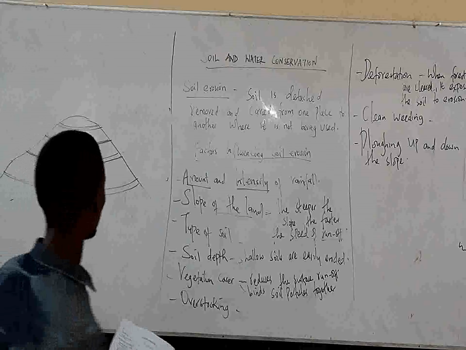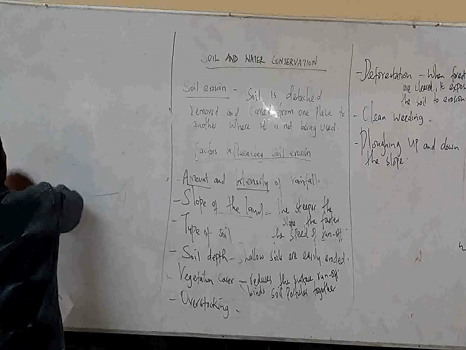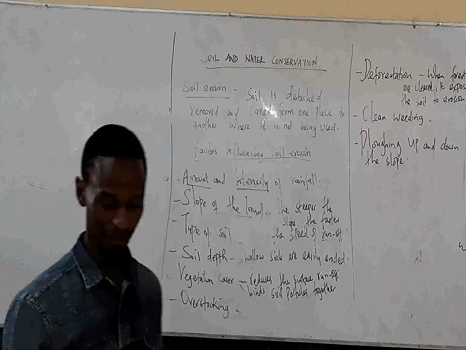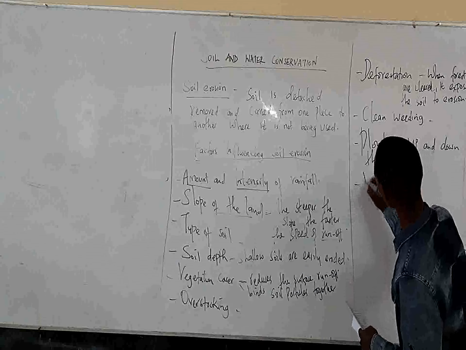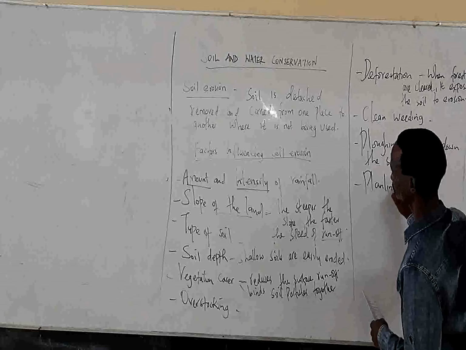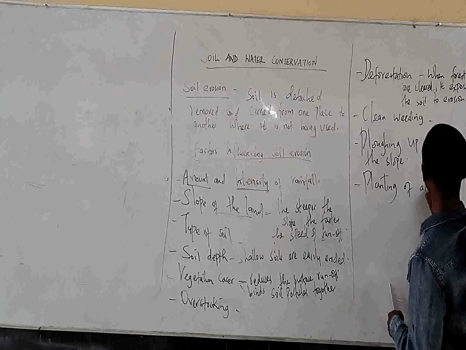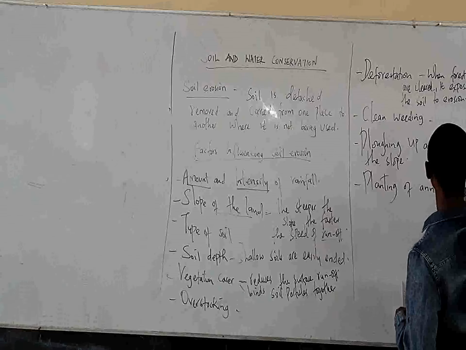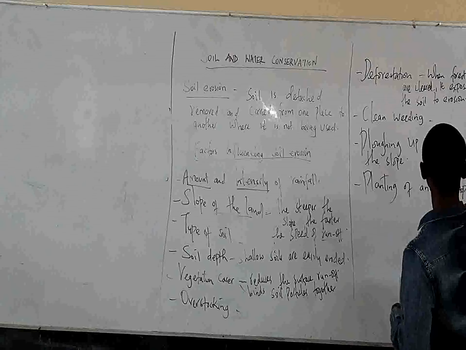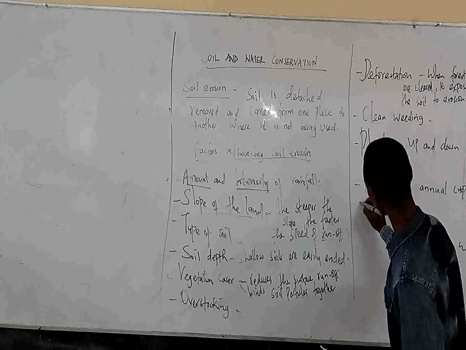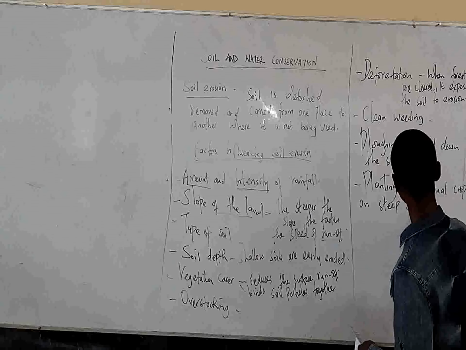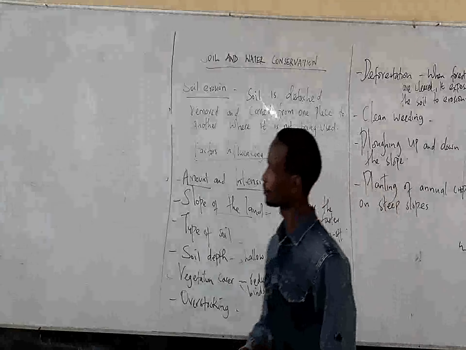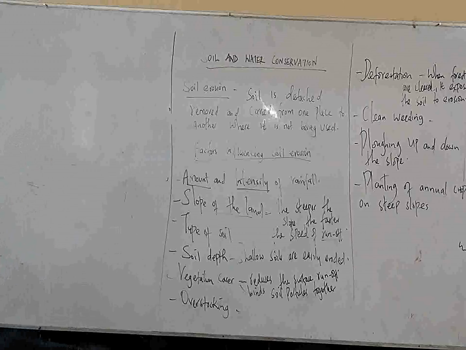Planting, the other factor influencing soil erosion, is planting of annual crops on steep slopes.